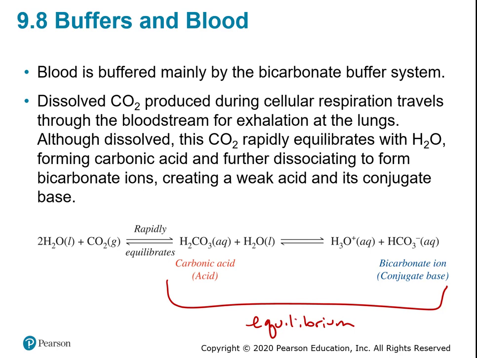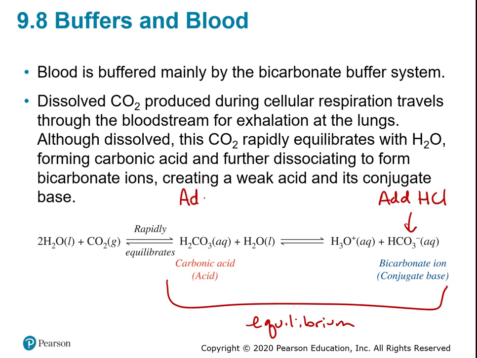If acid gets added, then the bicarbonate ion will react, because acids and bases react to neutralize. So if we add acid, like HCl, it will cause the bicarbonate part to react, decreasing the amount of acidity that's present, and the pH doesn't change.